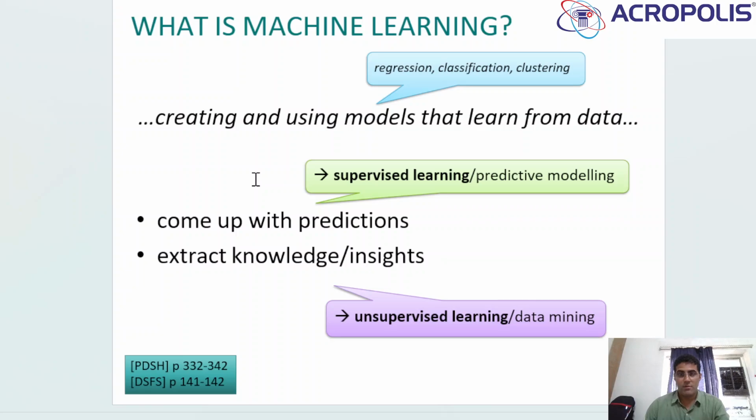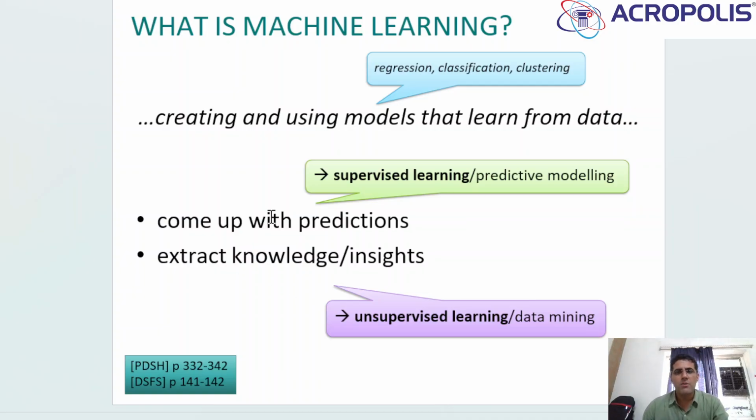Then again, talking about what machine learning is: creating and using models that can learn from data. We have gone through regression, classification, and clustering. I'll definitely deliver the content related to each and every algorithm in detail in the next lecture, right? There are two kinds of learning we have studied. One is supervised learning, second is unsupervised learning, right?